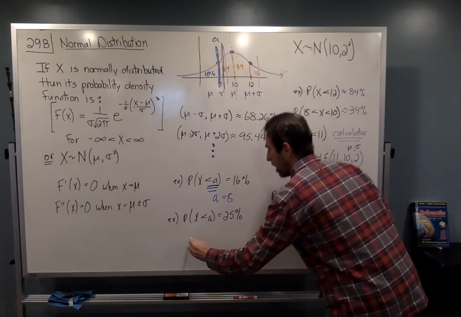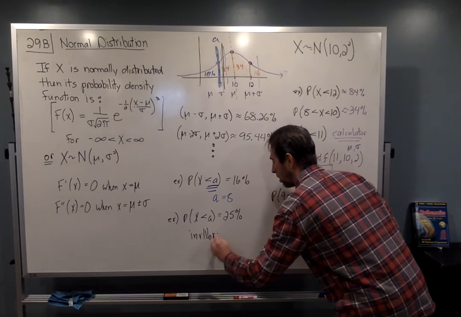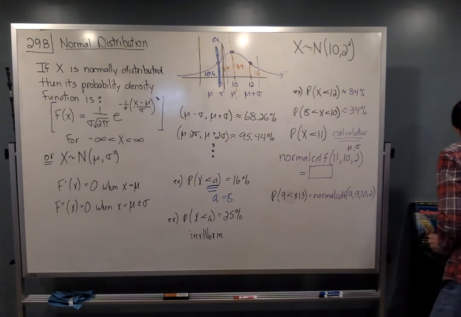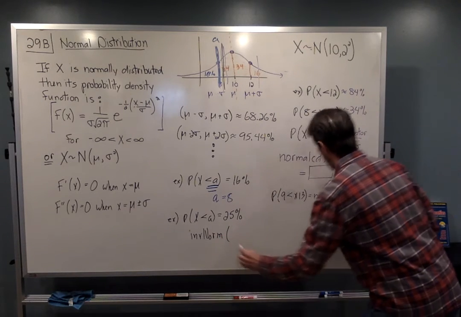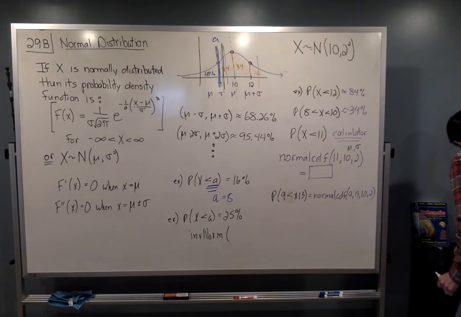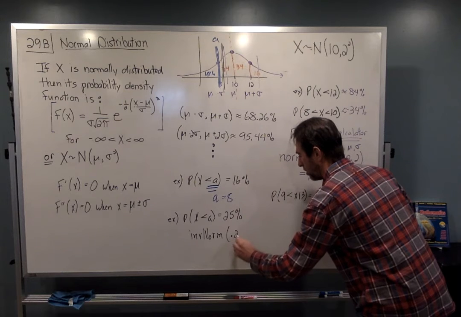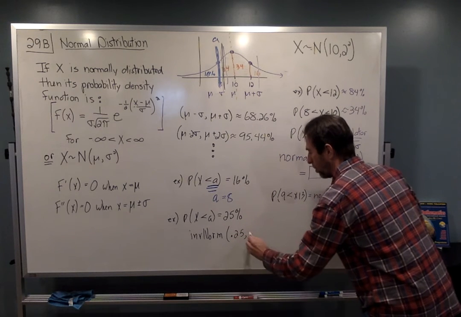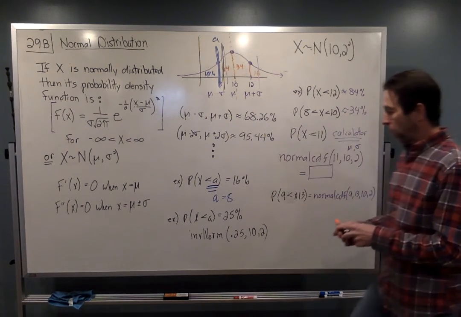And in that case, you're going to have to use the inverse norm. And the syntax is also very similar. It's going to be basically that 0.25, and then of course our 10, 2. Play around with that syntax and make sure that works on the calculator.